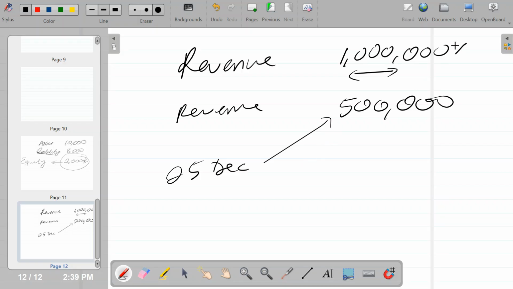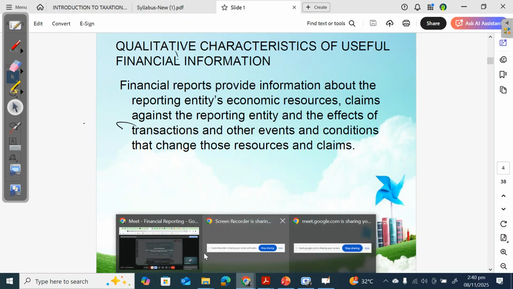But maybe this is their target. They want to earn revenue of 1 million at the end of the year. So what they did is that they went to talk to their customers that, oh, we want to sell 500,000 of our goods to you.